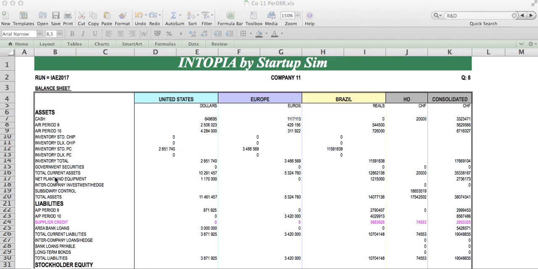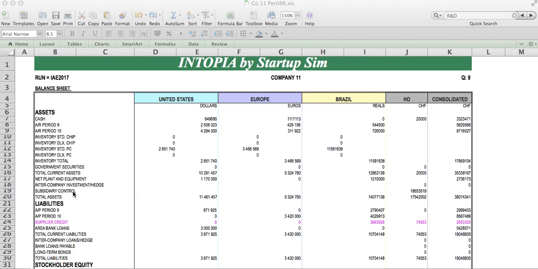Then we go to fixed assets that are composed of the factory, the value of the factory and equipment. In this case, 1,170,000. Intercompany investment and hedge. If you have lent money to another company, it would come here.